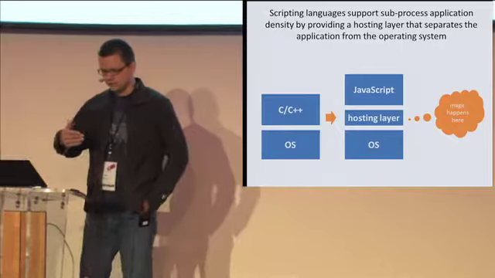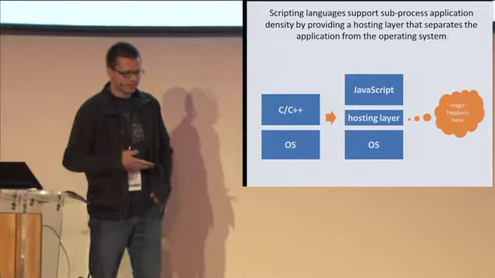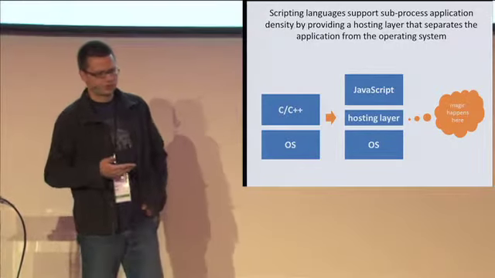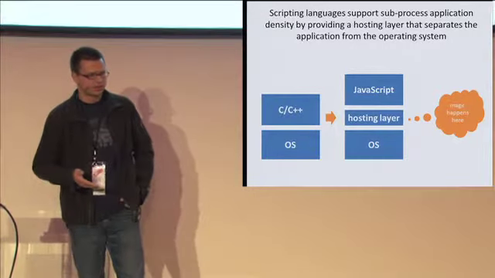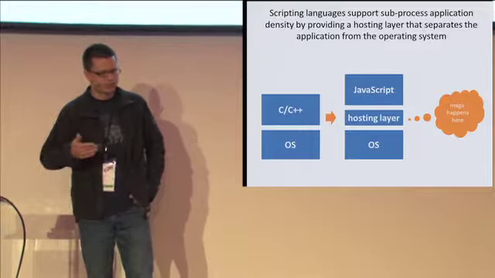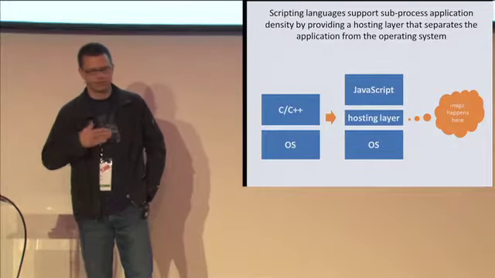So it is up to that layer to expose certain primitives to the application to use. If that layer chooses to allow the application to spawn new processes, it's a decision that is made at the hosting layer, not the operating system layer.